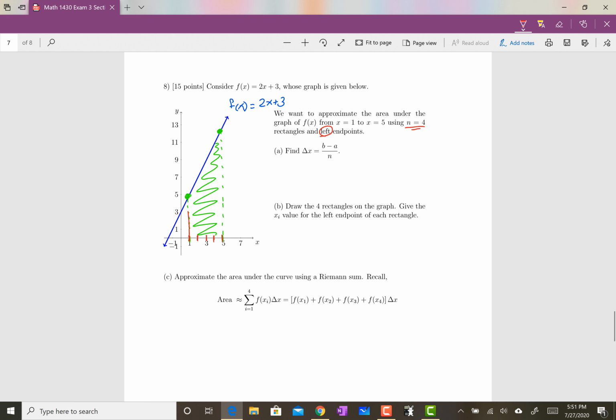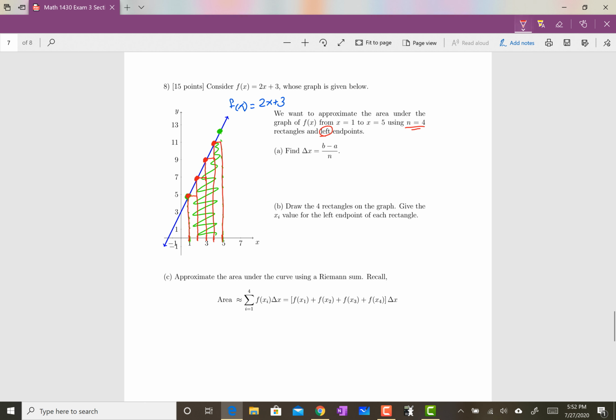So if I come up on the left, here's going to be one of my rectangles. Then here's another rectangle. Here's my third rectangle. And here's my fourth rectangle. So you can see I'm using the points on the graph that are going to become the left endpoints for my rectangle.